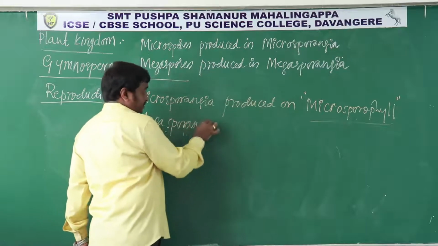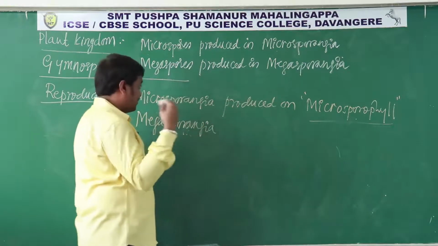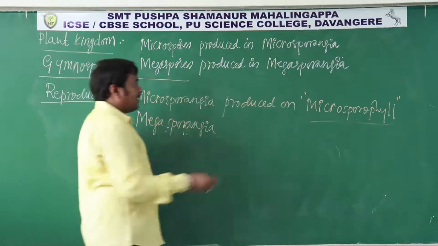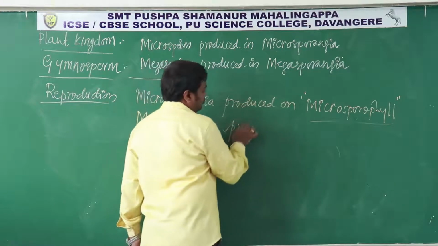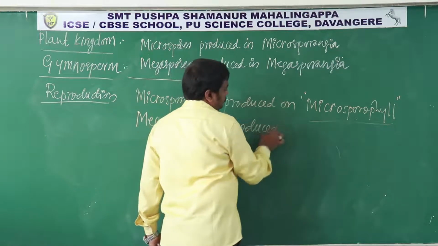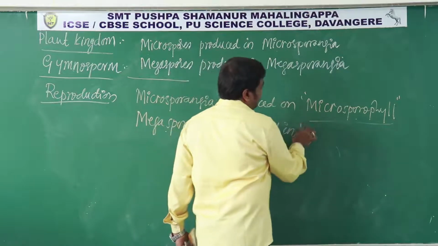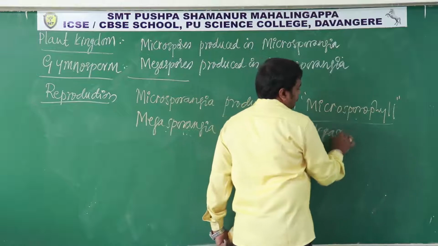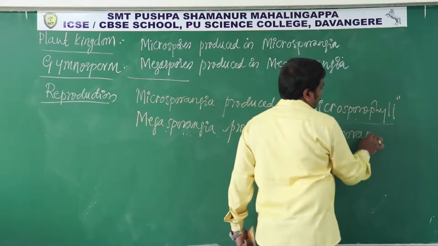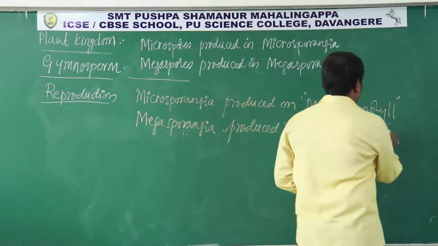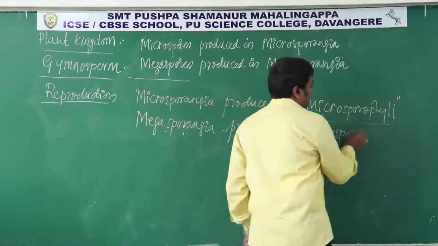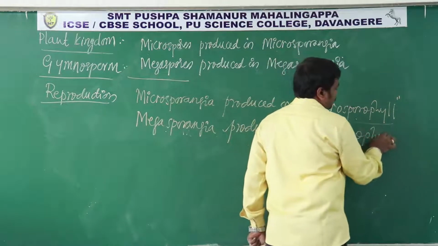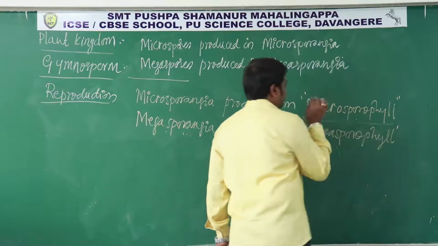So yesterday I already discussed the same thing about the pteridophytes. Megasporangia are produced in megasporophyll.